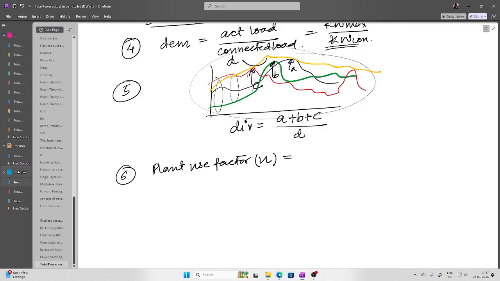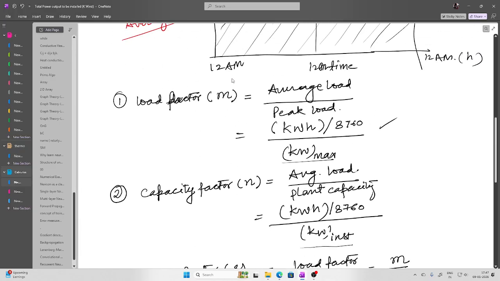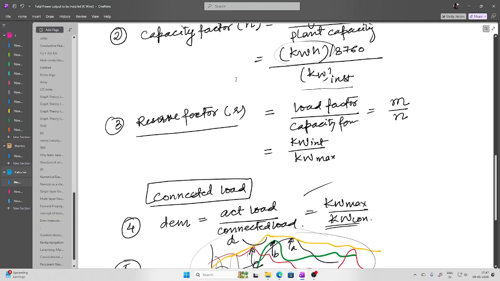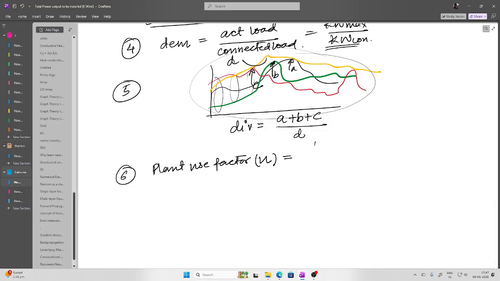That is what we call the electricity generation, and you have already seen this kilowatt hour, which is the electricity generation in a particular time period. So that kilowatt hour generation in that time period is divided by the maximum possible energy that could have been produced during the same time. Maximum possible means based on kilowatt installation and that time period. Okay, so what is called the operating hours.